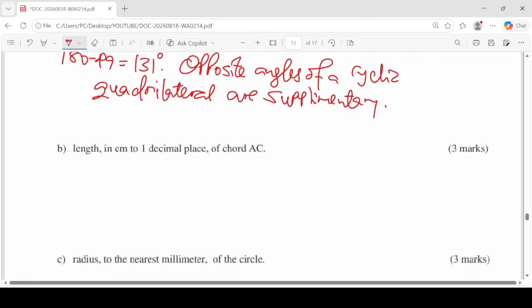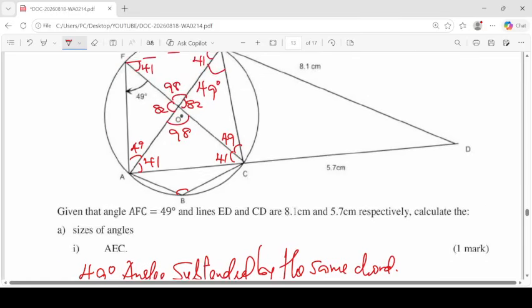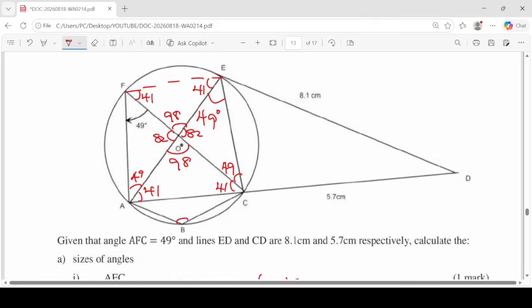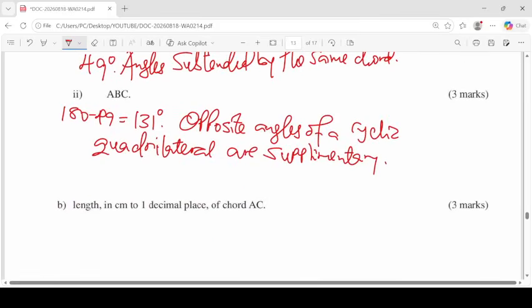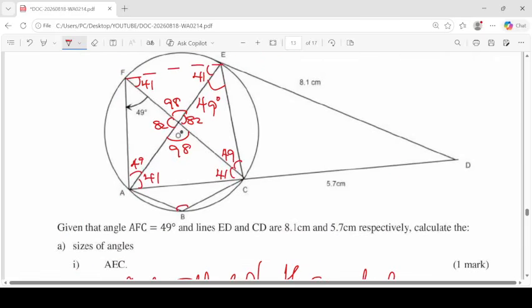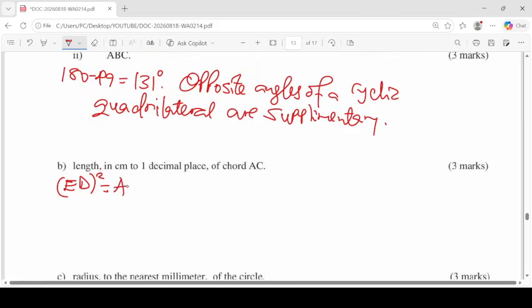The length in centimeters to 1 dp of the chord AC. The length of the chord AC here, we are going to apply a principle that says ED squared is equal to AD times CD. So ED squared, what is our ED?